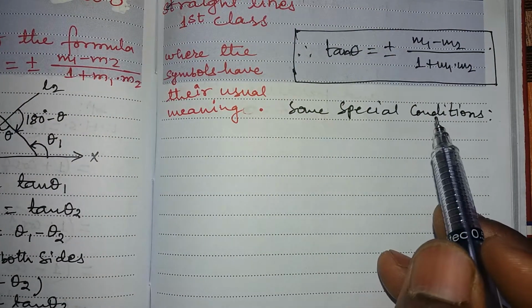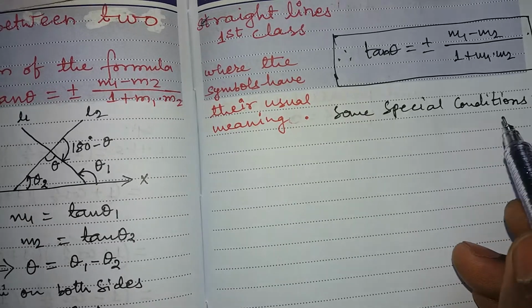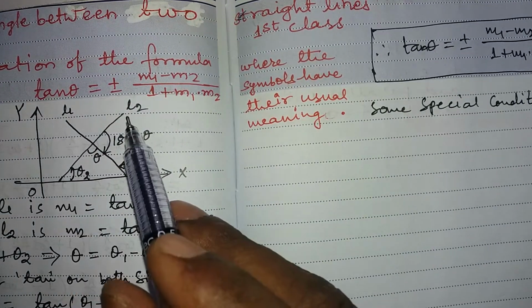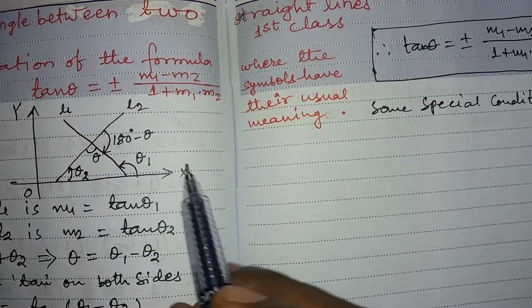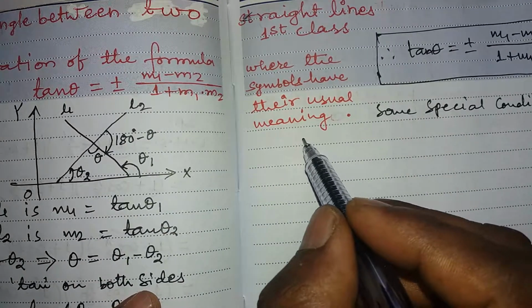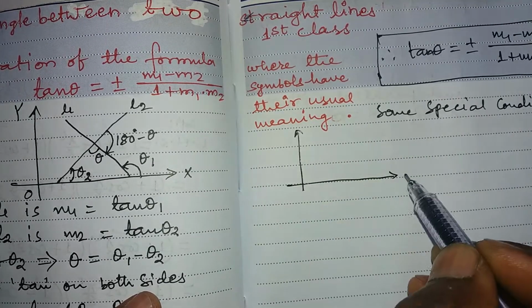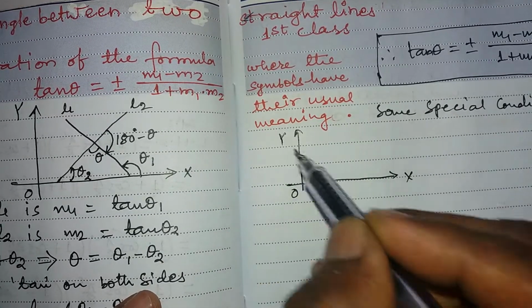Let's see some special conditions. See these lines, L1 and L2. If the lines are like this, what will happen here? Check it. X, 0, y.